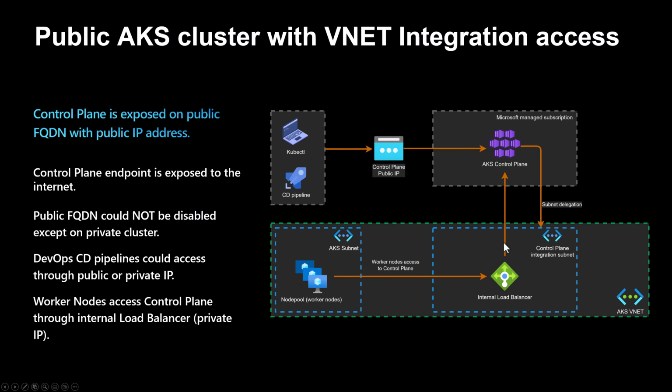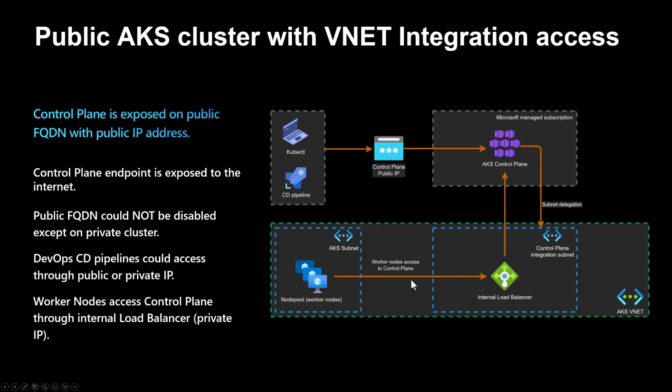Now what interests the users or operators most is to secure the traffic from the node pool into the control plane, and they want it to be inside the same network, or network optimized. So when we enable VNet integration, AKS will inject an internal load balancer into the delegated subnet.